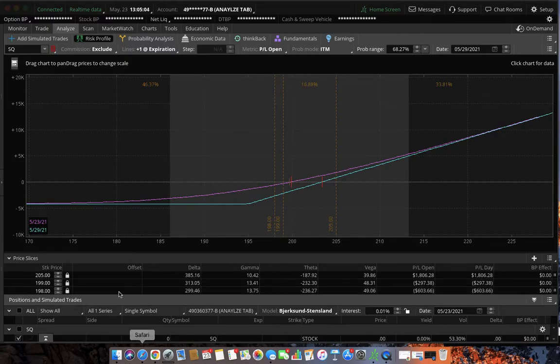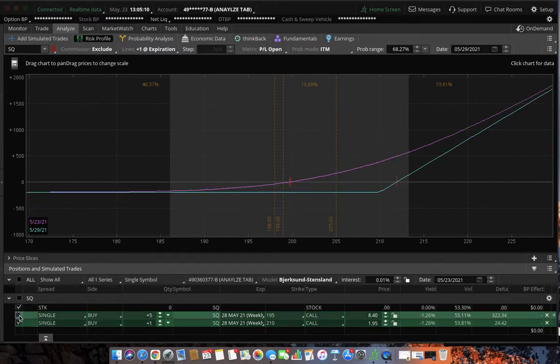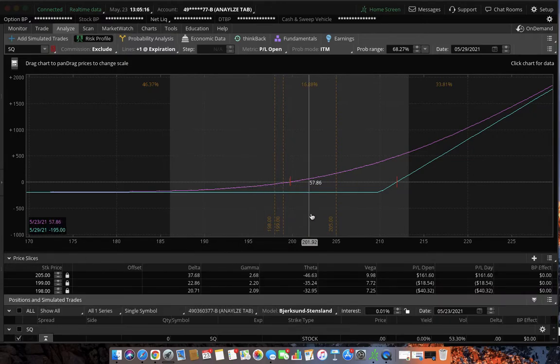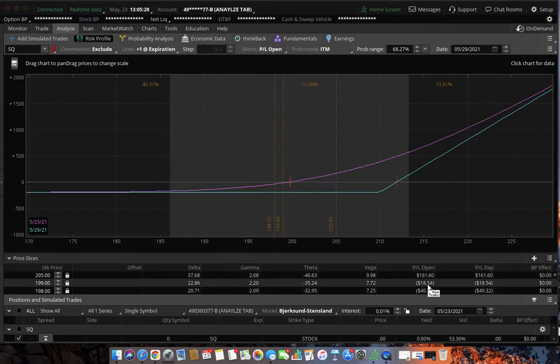All right, so now let's do that same example on the other guy. We're going to click that, unclick that. And so now we're here with the same setup with the cheaper option price. And here you go. So if you make it to 205 today, you're at a 161 profit. If you're going to wait till it gets to the 199, you're saving yourself that $19 to go down that far before it goes up.